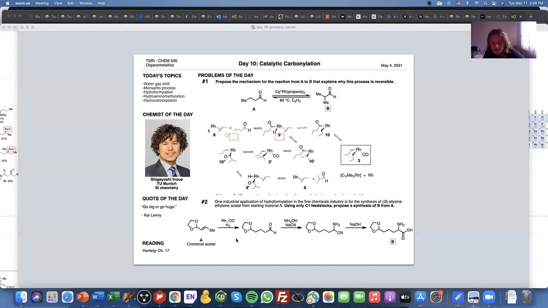And this will undergo easy hydrolysis to form racemic B. And although it's not included here, although it should be on your handout, you'll see they complete the synthesis of the enantiopure product by enzymatic resolution of the CBZ protected amine.